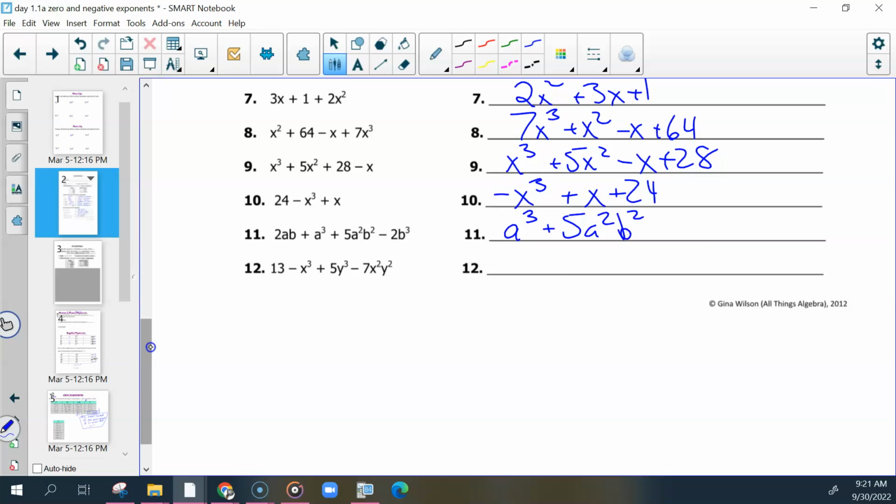Then our 2AB, because we're still decreasing in exponent of A. Then at the end, we have B by itself, so that would go at the end. That's where it gets a little confusing, because you see the 3 with the B, and you would have put that first, but it still has to be in ABC order. Questions about that so far?